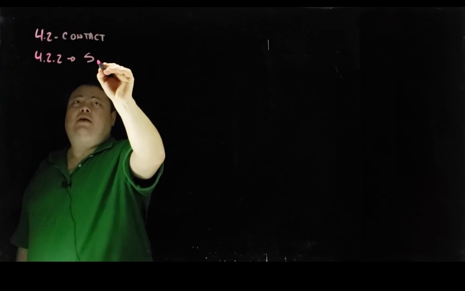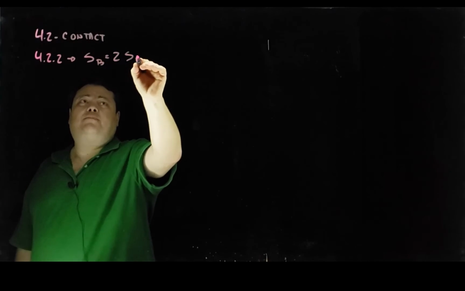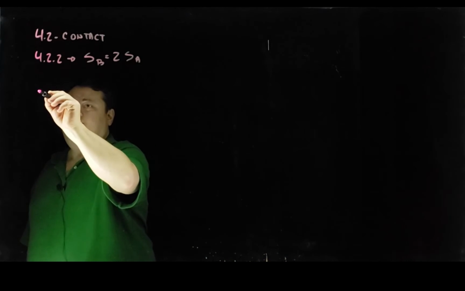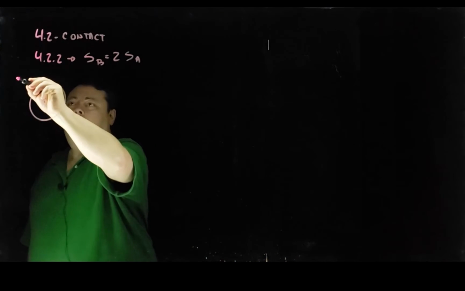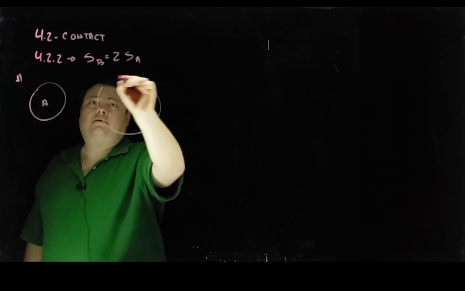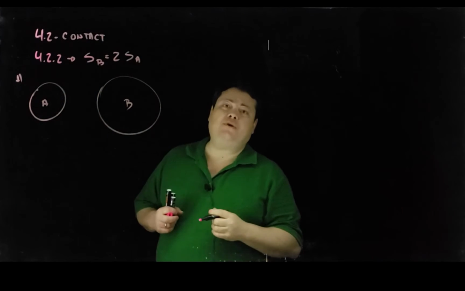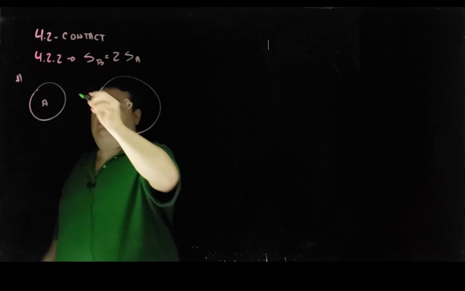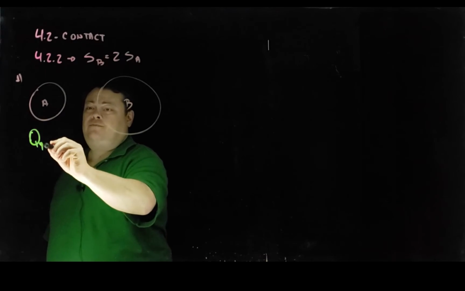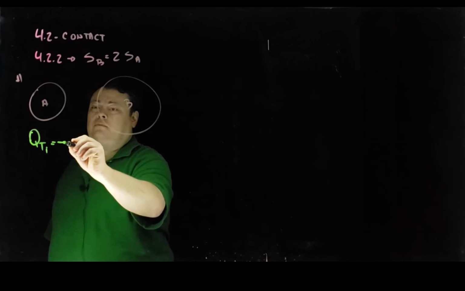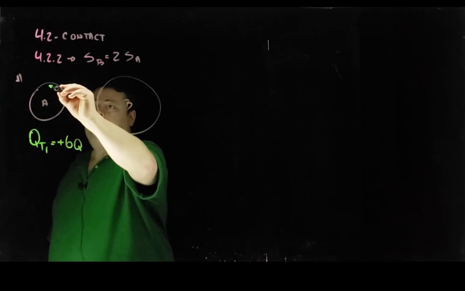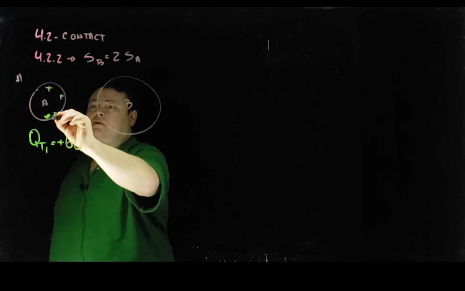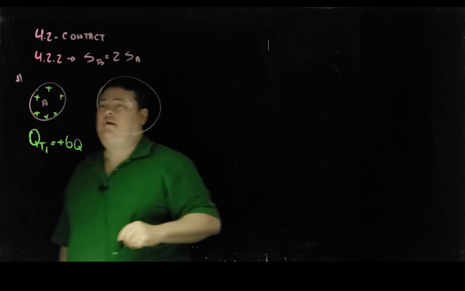In my next situation, let's consider now that B is twice as big in terms of surface area than A. So here is A on scenario number 1, and here is B, twice as big as A. And I'm going to put a charge, this time positive 6Q, on A. The 6Q will spread over the surface of A like this.